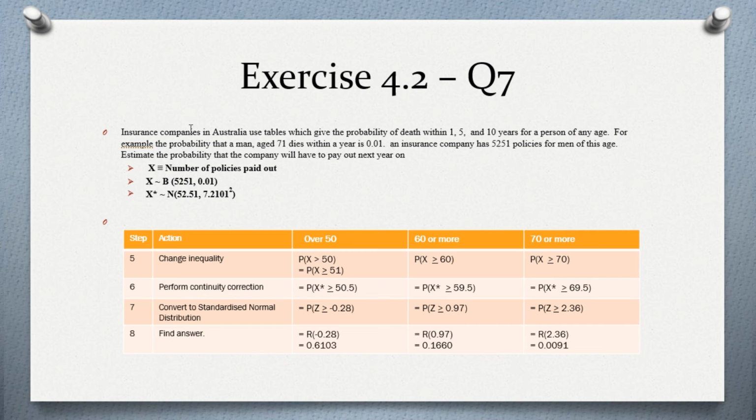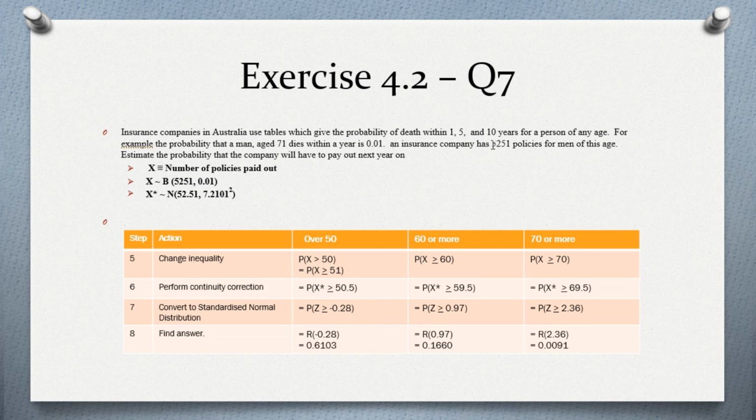An insurance company in Australia uses tables which give the probability of death within 1, 5 and 10 years for a person of any age. For example, the probability that a man aged 71 dies within 1 year is 0.01. An insurance company has 5251 policies for men of this age.